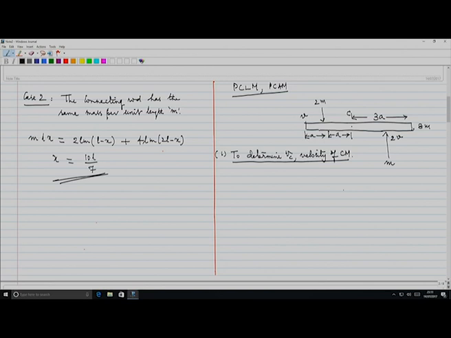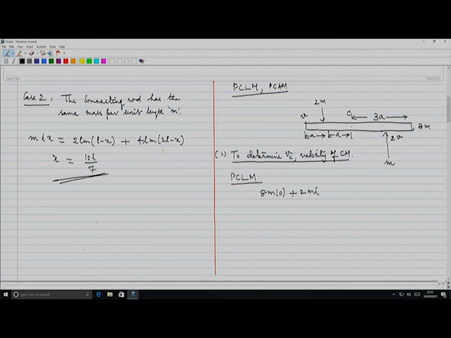Now we can make use of the principle of conservation of linear momentum. What does it say? Initially the rod is at rest, therefore the momentum of this rod is 8m times 0, plus the 2m strikes with a velocity v, but it is in the opposite direction.